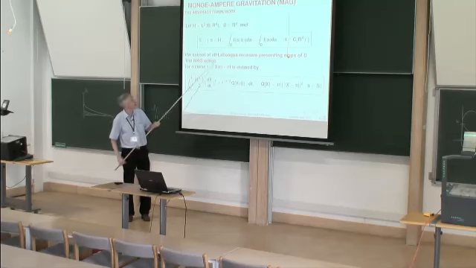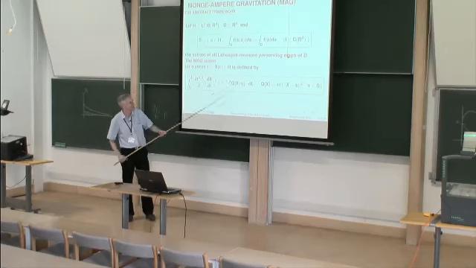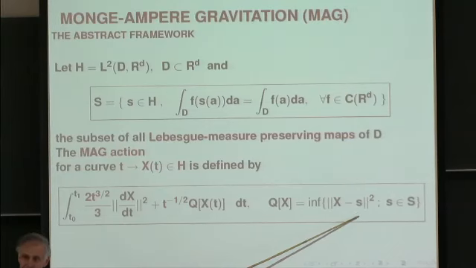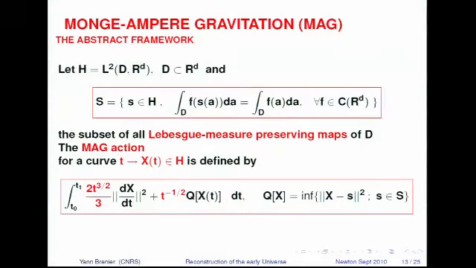If you are located on this set of volume preserving maps, you don't pay anything. But if you are not, you have to pay this square distance to the set. This is multiplied by t to the minus 1/2, again because of this Einstein-de Sitter background space. So this is the action we have. Nicely enough, it's made of two positive terms, so it makes sense to consider the minimization of the action as a way to, for instance, solve the early universe problem. So it's nice.